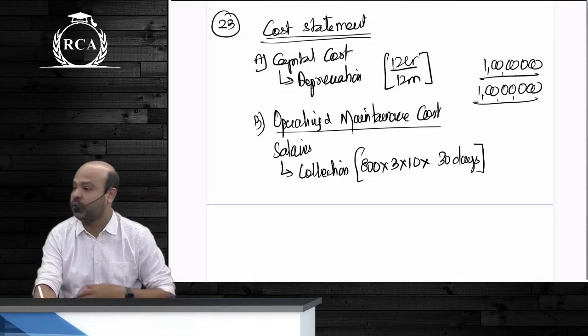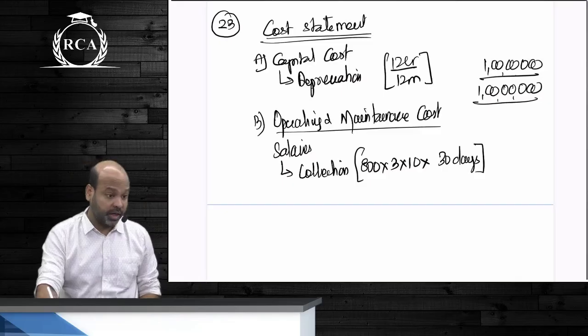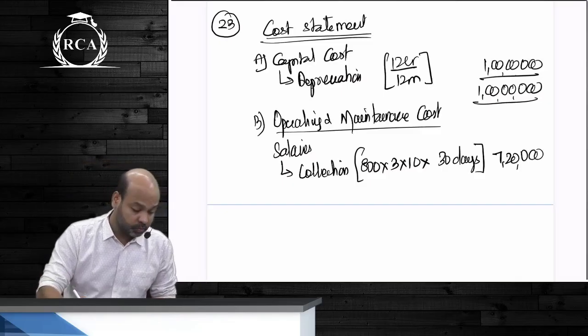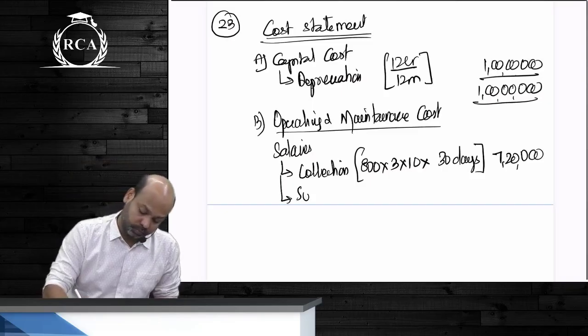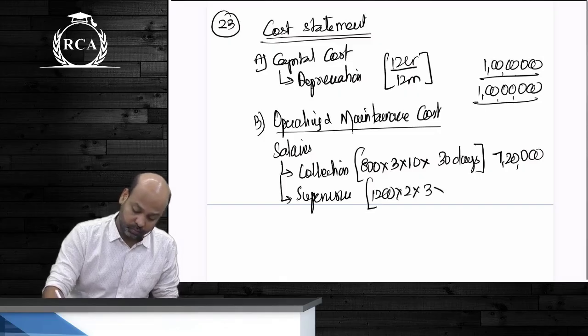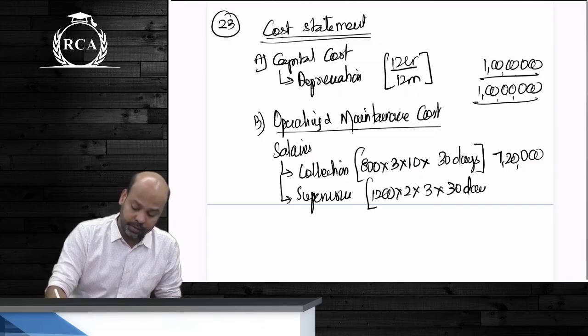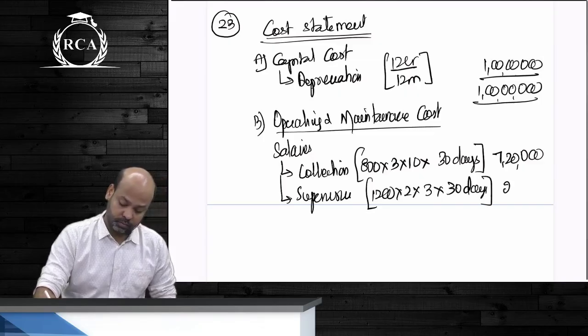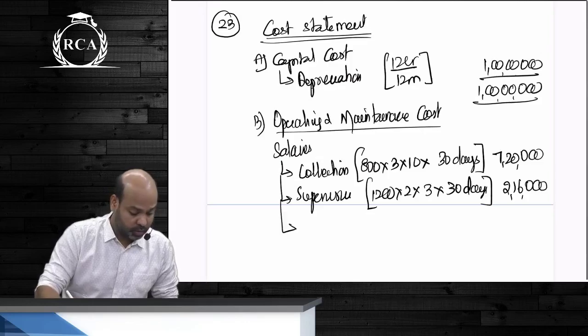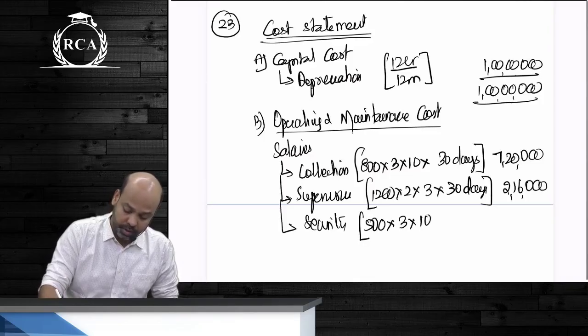How much is this, beta? 7 lakh. 16. After that, security personnel: 500 into 3 into 10 into 30 days.